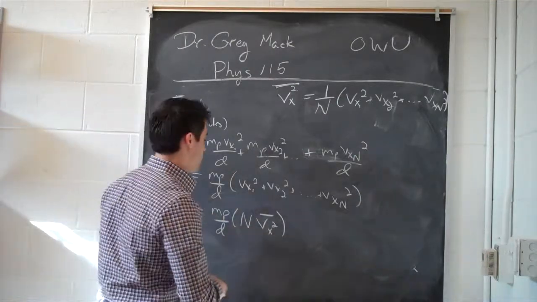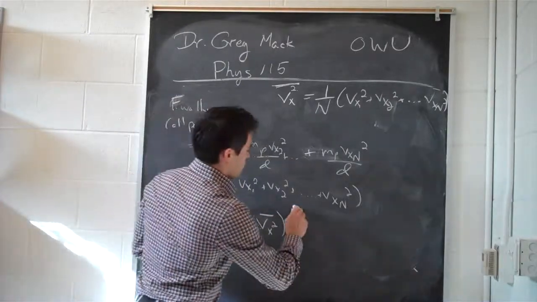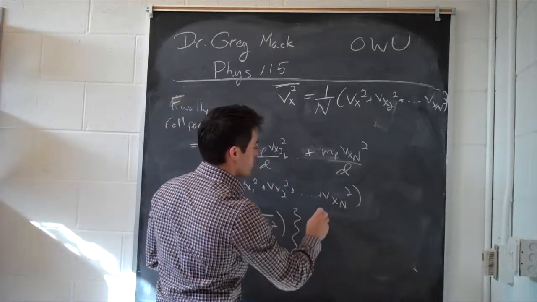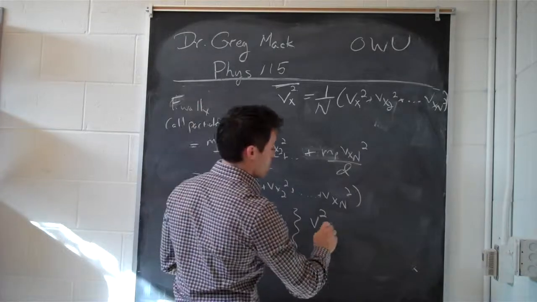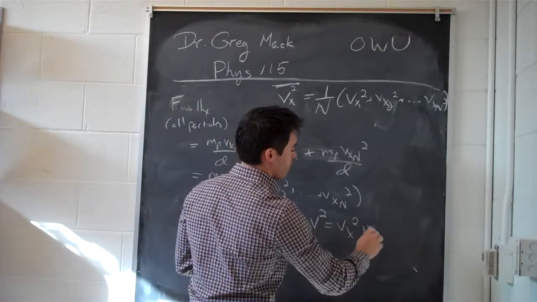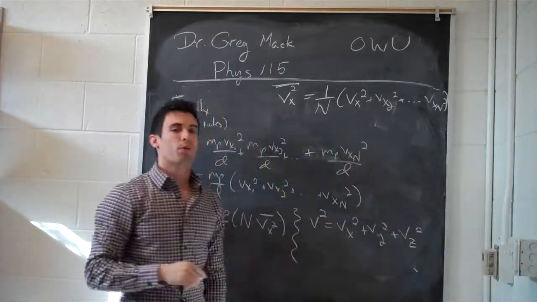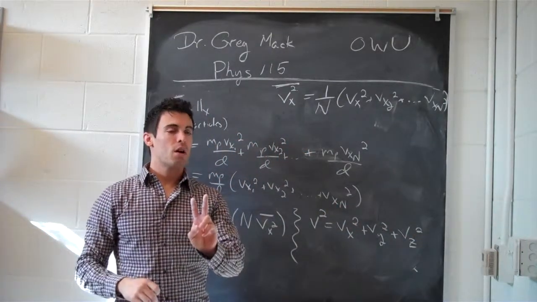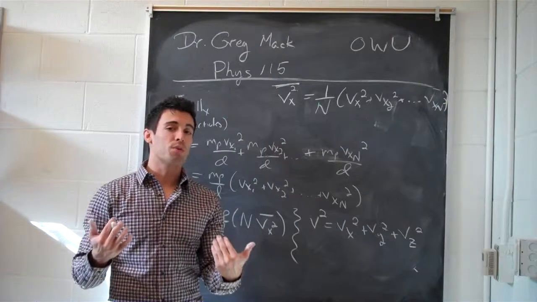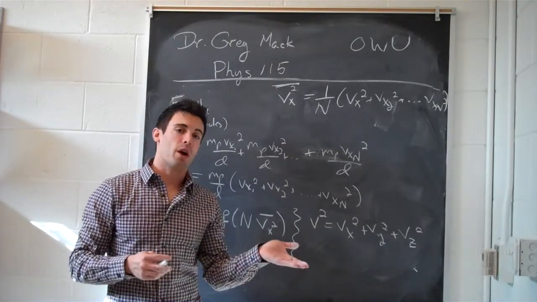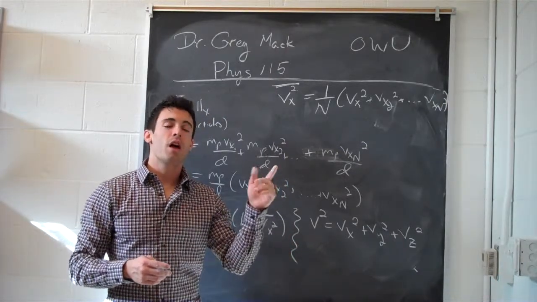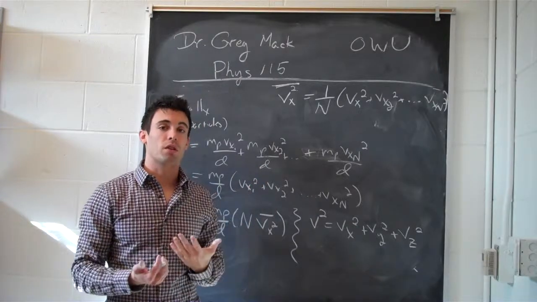So we have to remember that an overall v squared is equal to vx squared plus vy squared plus vz squared. If we're dealing with 2 dimensions, remember that the Pythagorean theorem says that the component in the x squared plus the component in the y squared gives you the hypotenuse squared, which is the resultant vector.